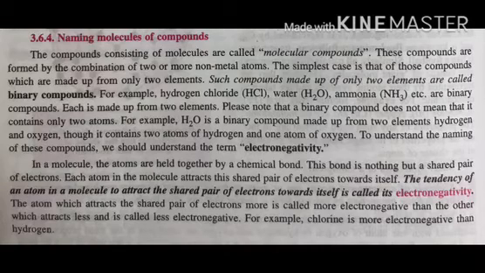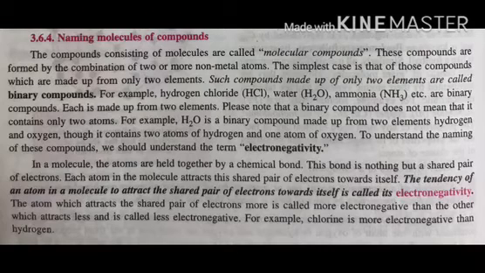electronegativity. In a molecule, the atoms are held together by a chemical bond. This bond is nothing but a shared pair of electrons. Each atom in the molecule attracts this shared pair of electrons towards itself.